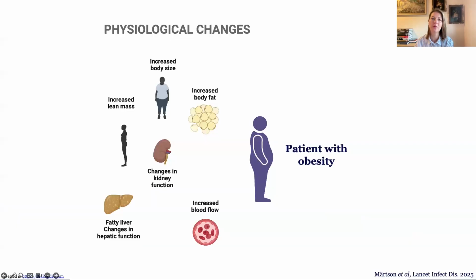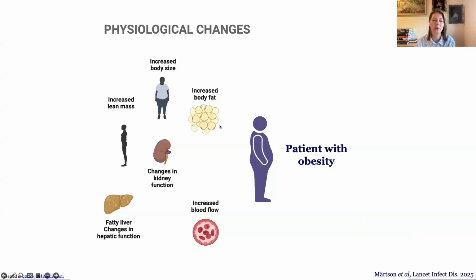So when we look at patients with obesity, we do expect changes of the increased body size. So basically, we have a larger body due to the weight change, and this is likely due to increased body fat.